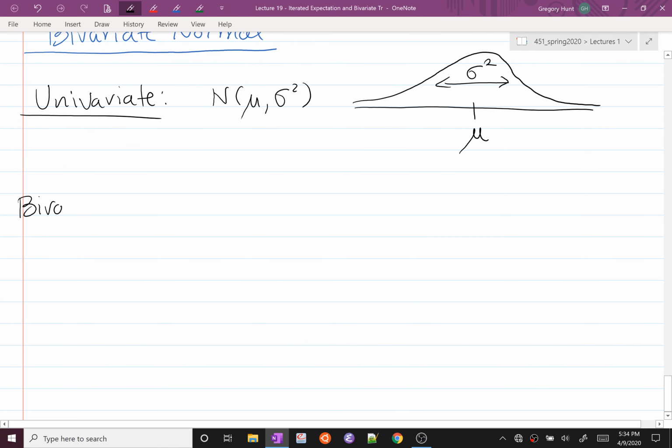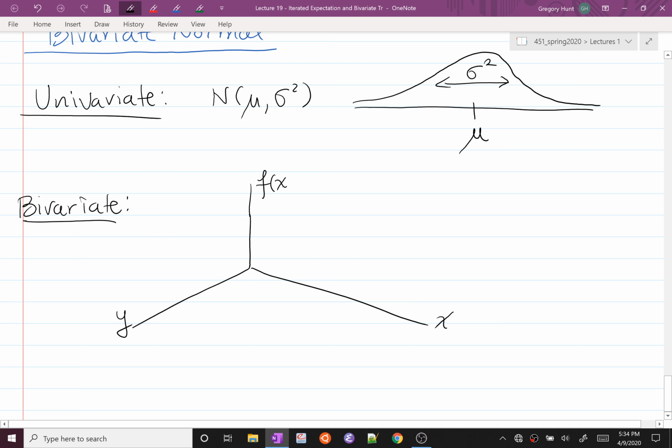In the bivariate case, we have what's called a bivariate normal. And so now we've got to look at this thing in 3 space. So I can have an x, a y, and then I'm going to have f of x comma y. In the univariate case, it was just x by f of x. And in this case, we get a 3-dimensional bell.